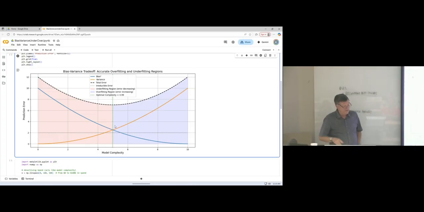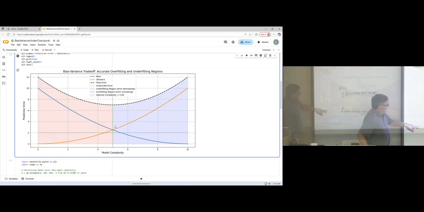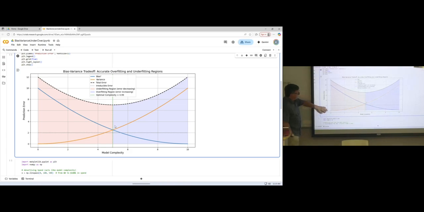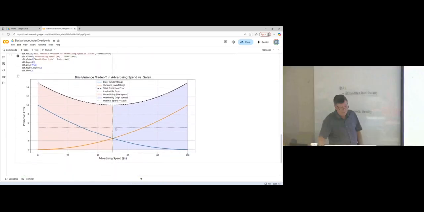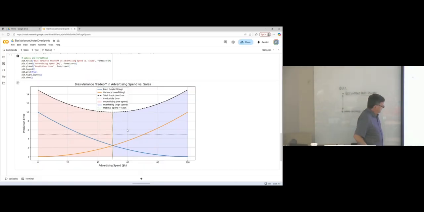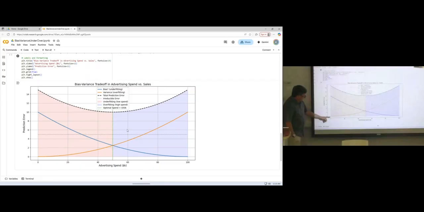Now, what's interesting is when you get into this, if you don't see it right off the bat, like this is the advertised spend and sales, you can prompt the large language model: describe to me in the business scenario what the far left is, in other words, what the least amount of advertising spend is. What that means is you're not going to get any sort of the sales that you would.